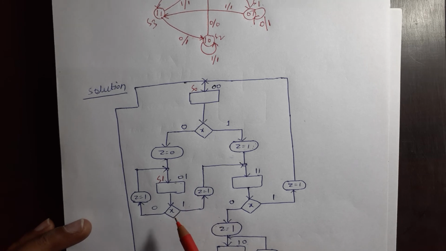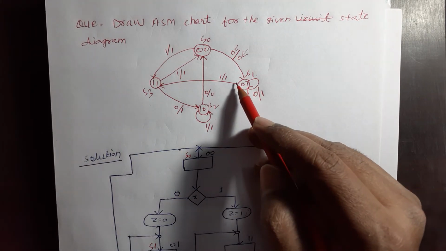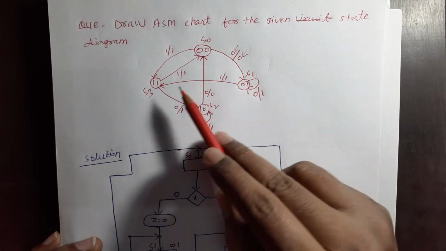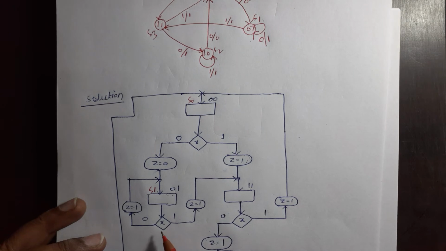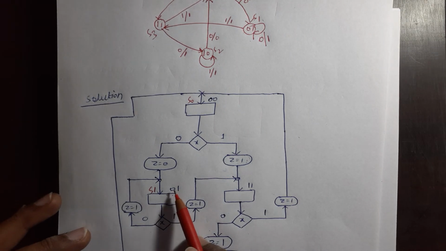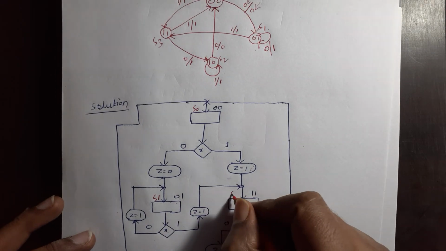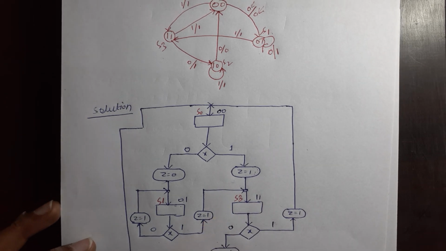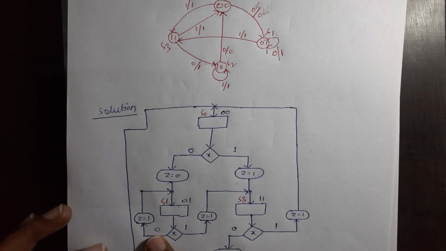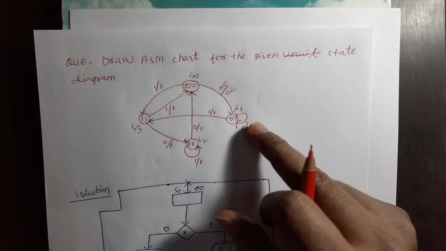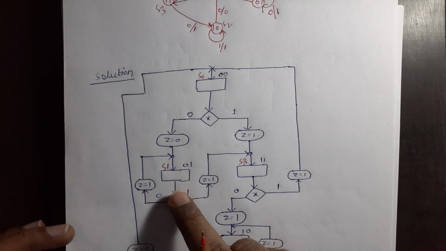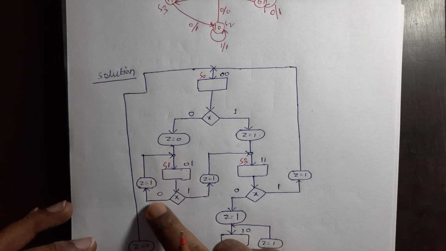If x is 1, then you can see here there is a transition from 01 to 11, meaning S1 to S3. So this is S3 and the output is 1. And when x equal to 0, then the machine stays at the same state. So it is represented like this: the machine is at the same state.